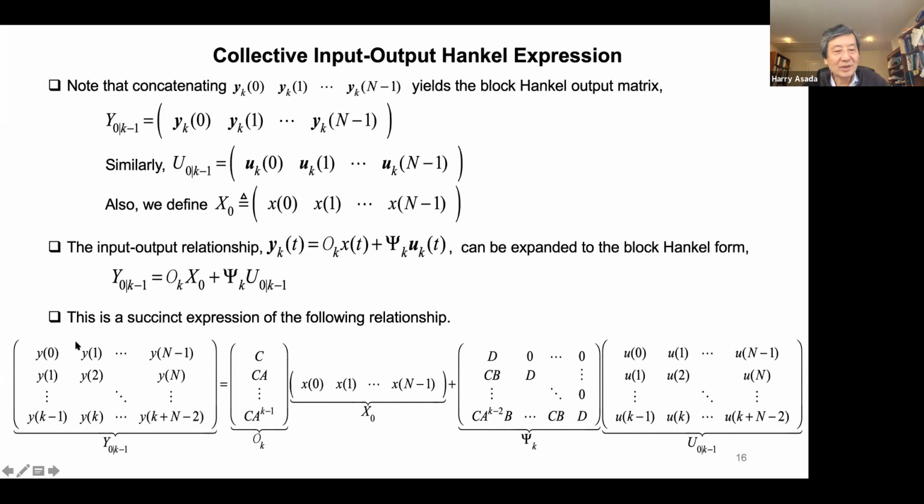We are getting closer to the input block Hankel matrix, capital Y_{0,k-1}. The first subscript indicates this time, the second subscript represents this time index, and we have many of them in this way. So now we rewrote this as the bold big Y_k.